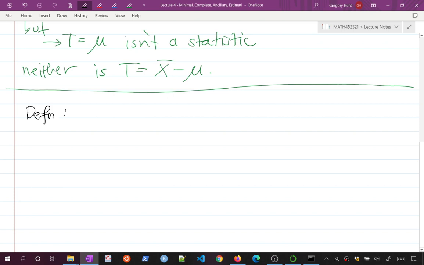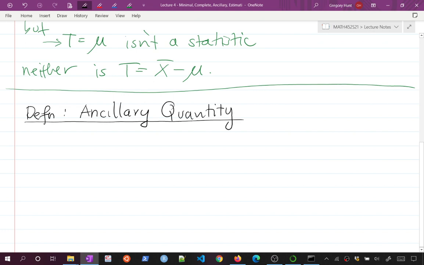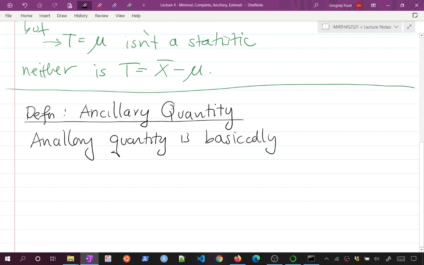We're going to define what's called an ancillary quantity. An ancillary quantity is basically the opposite of a good statistic.